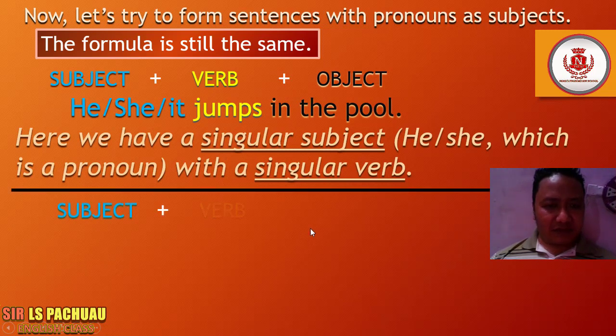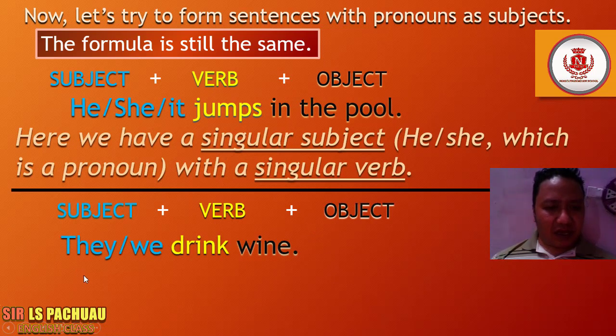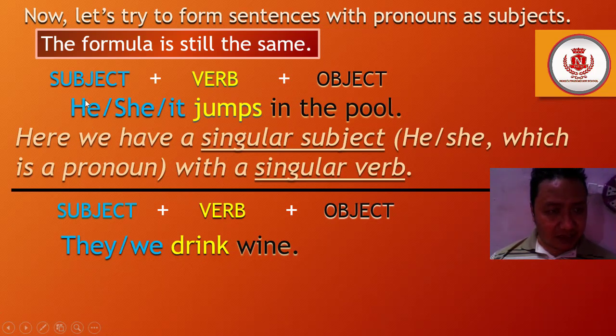And here, subject plus verb plus object. We drink wine. We don't say drinks anymore. If we use he, drink will become what? Drinks, right? Because the subject here is he, and it's singular. So if we are going to use a singular verb, we have to add an S here.